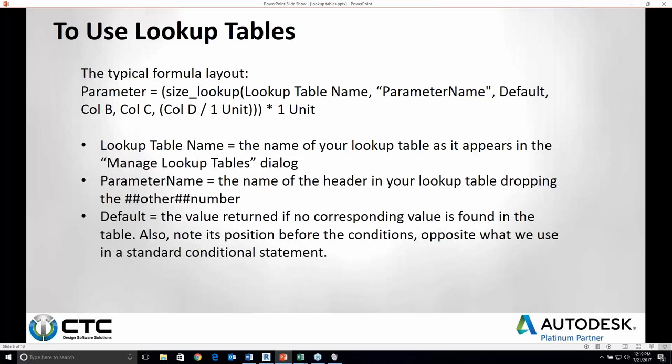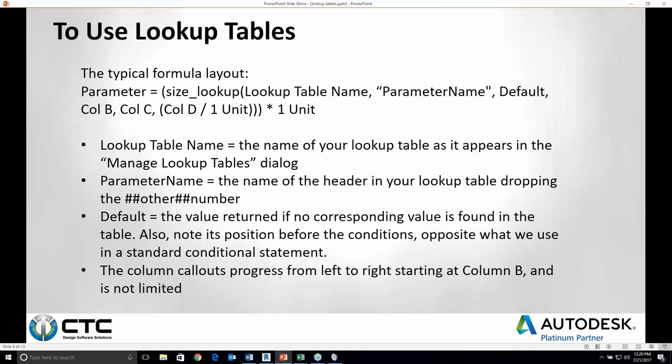Next, we have the default value, which is what it's going to return if it doesn't find a corresponding value in the columns. Then column callouts progress from left to right, starting at column B, and are not limited.